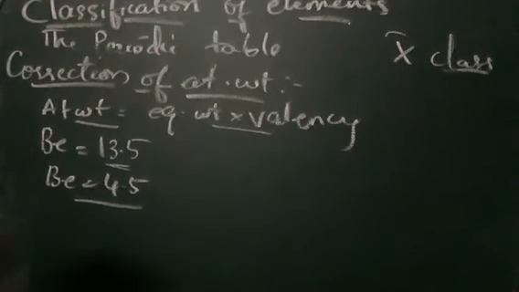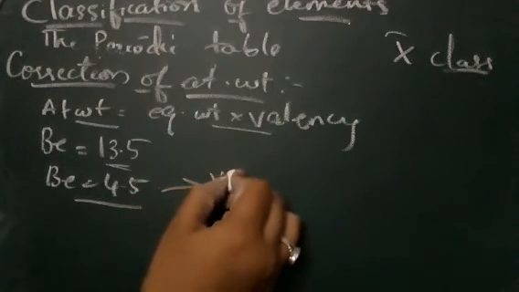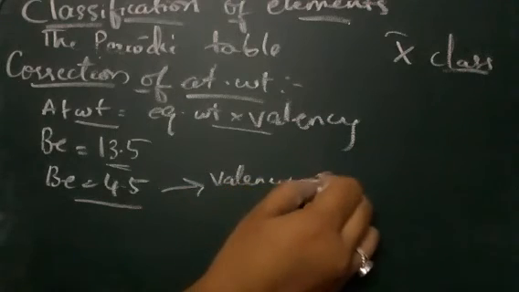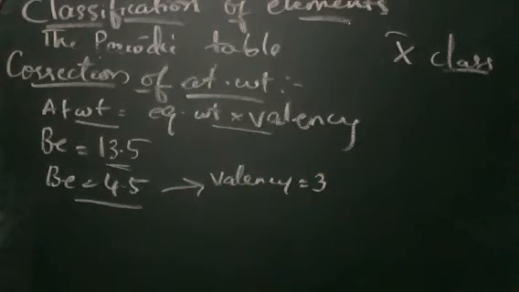Before, they thought the valency to be 3, so the atomic weight of beryllium was given as 13.5 when multiplied. With this atomic weight, it had to be placed in the wrong group in the table.